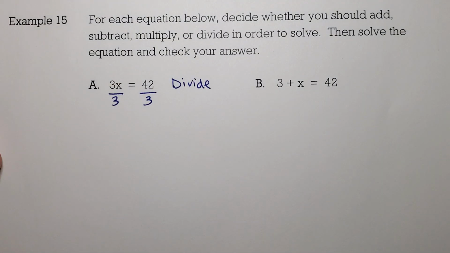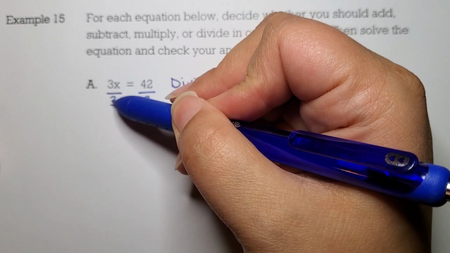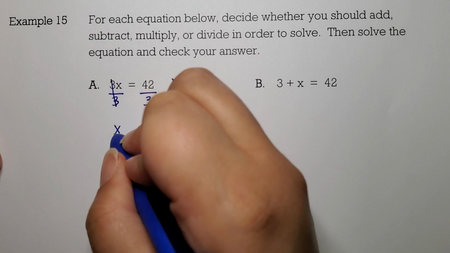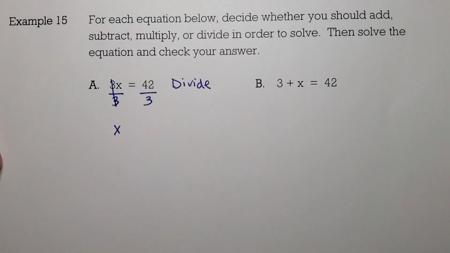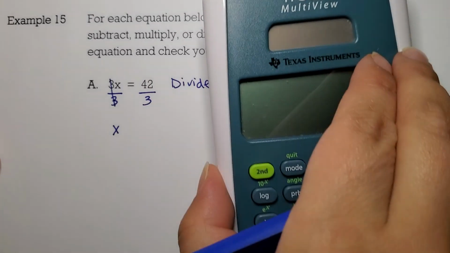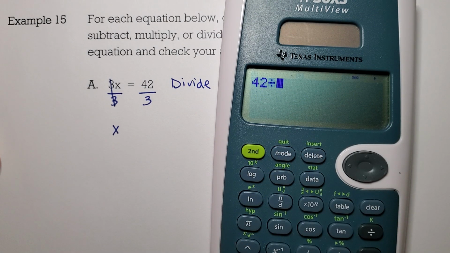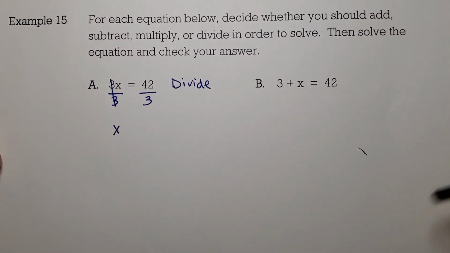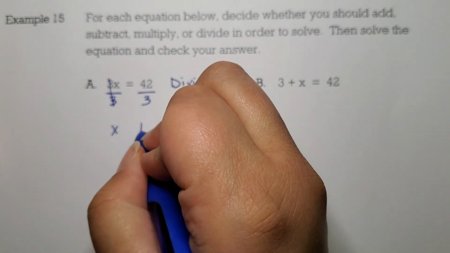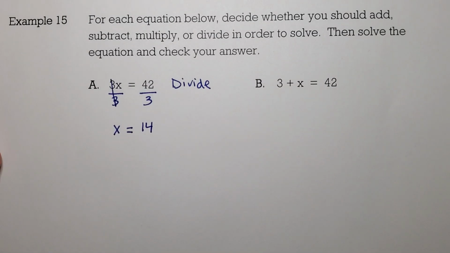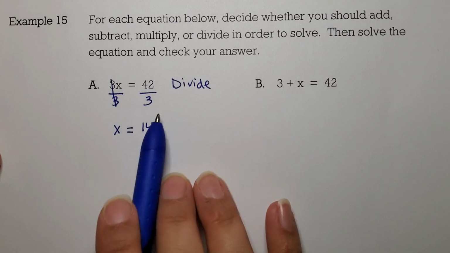Now the reason this works is because 3 divided by 3 is 1, so it cancels out, and I have just 1x left on the left. On the right-hand side, I'm going to do 42 divided by 3 to get 14. And the two sides are going to be equal because we divided by the same amount.